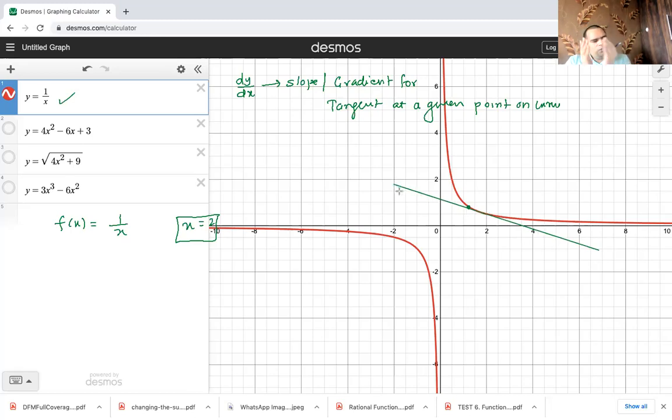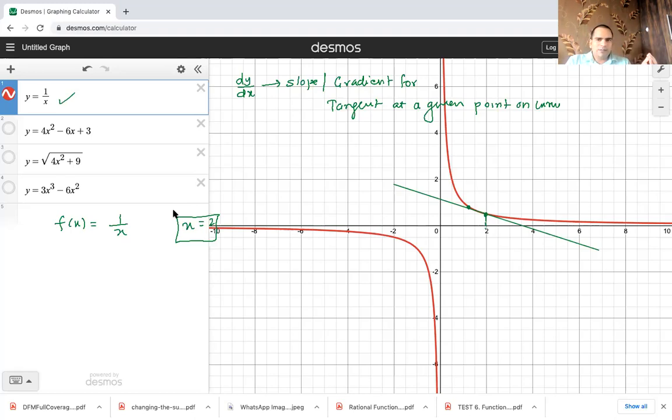Now, our first step is to find the x and y coordinate at which you're drawing the tangent. Here my x coordinate is 2, but I don't know the y coordinate. So first, using the original equation, find the y coordinate, because as you know, to find the equation of a line, you simply require a slope and a point.